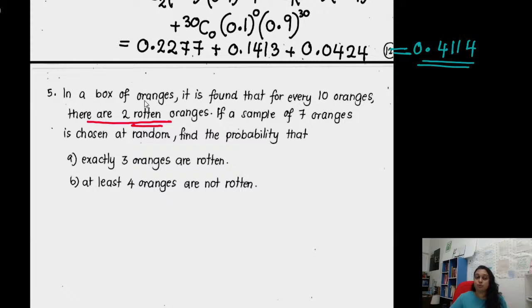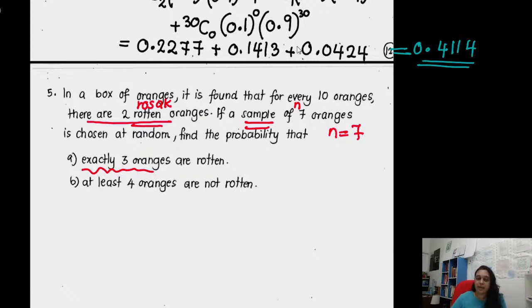Ada 2 yang sudah rosak. Okay, if a sample, so sample selalunya is your N lah, how many orange they use to do the experiment. So here they use 7. So your N ialah 7.